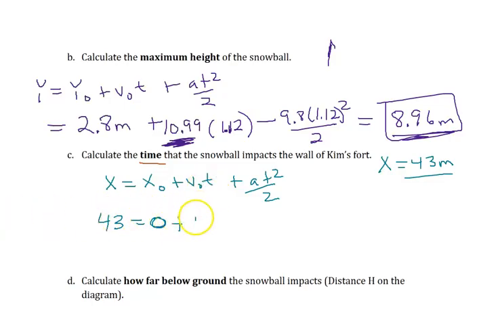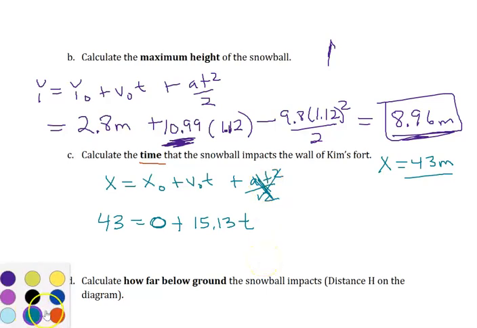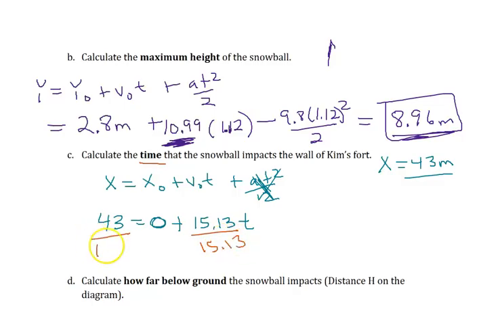V naught in the X direction was 15.13. We're looking for time and it's not accelerating horizontally. All right. So divide both sides by 15.13 and you get a time of 2.84 seconds. Check your work.